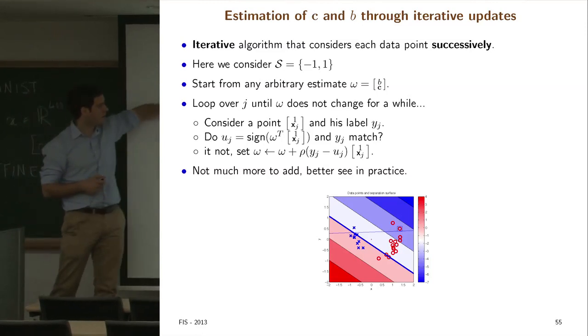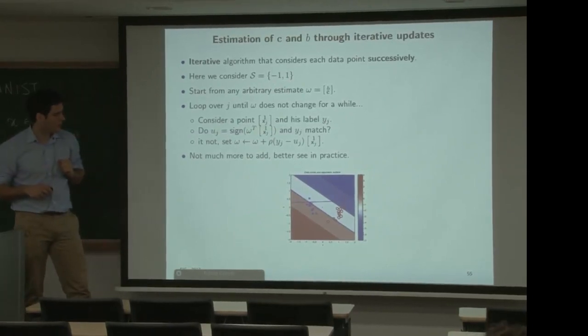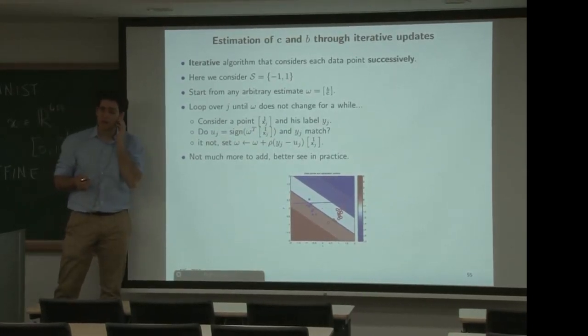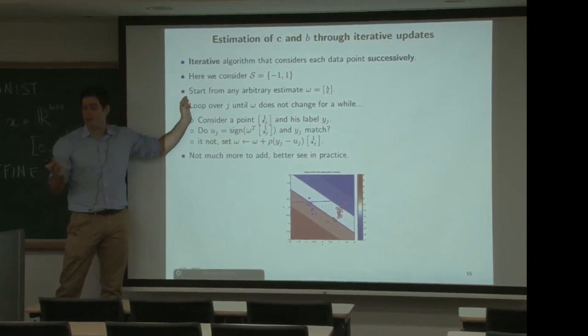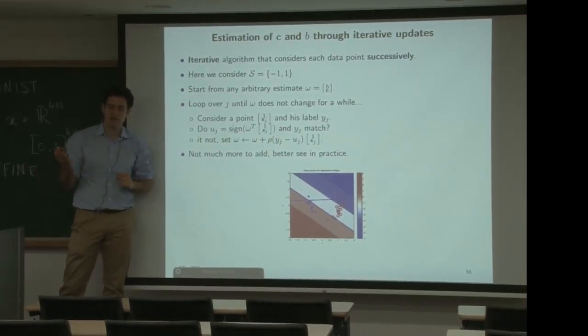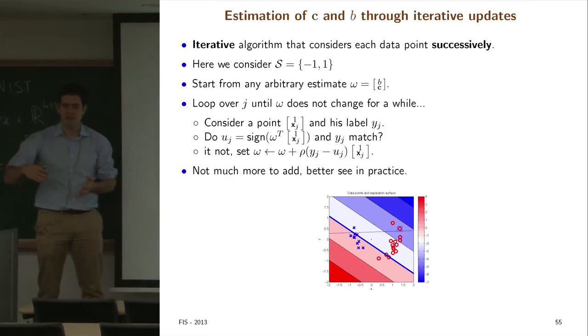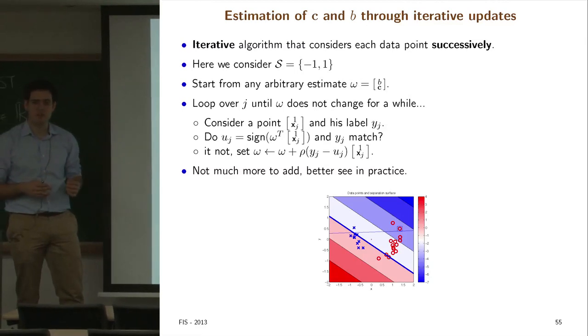So again, here we will consider that S is minus 1, 1. It's easier to write equations. And what the perceptron rule does, it just starts from any arbitrary estimate. So again, if you think about logistic regression, least squares, etc., usually we didn't really have this way of thinking of starting with some guess and then improving that guess. Here in iterative methods, this is really important. We start with a guess, and then we will try to make it better.